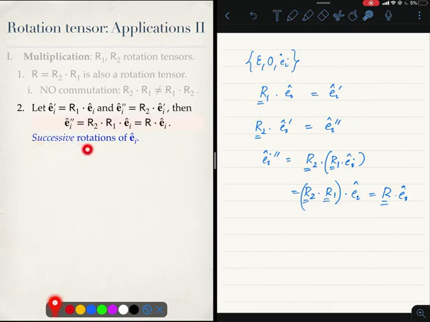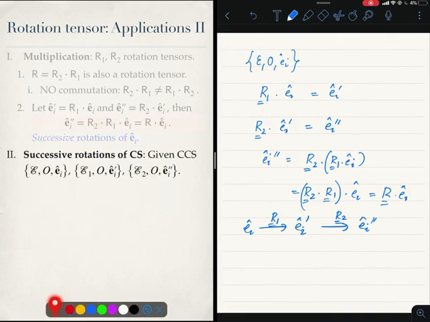So we have successive rotations of Ei prime. Okay, so Ei is rotated by R1 to give Ei prime, which is rotated by R2 to give Ei double prime. Okay, so that's successive rotations, and this can actually be understood in terms of coordinate systems. Here I have three coordinate systems: E with unit vectors Ei, E1 with unit vectors Ei prime, E2 with unit vectors Ei double prime.